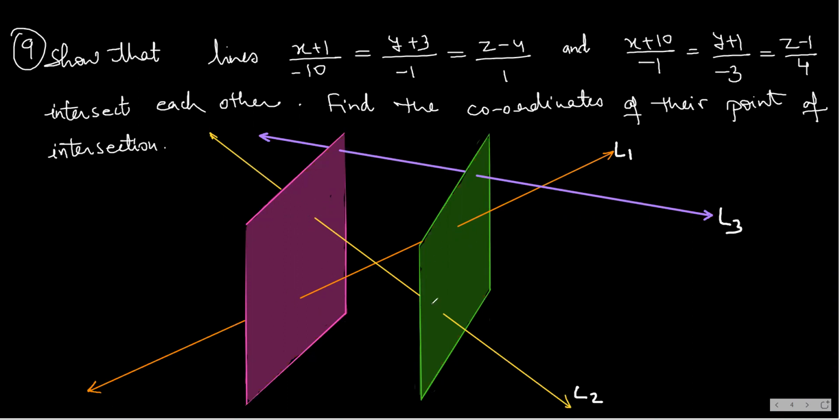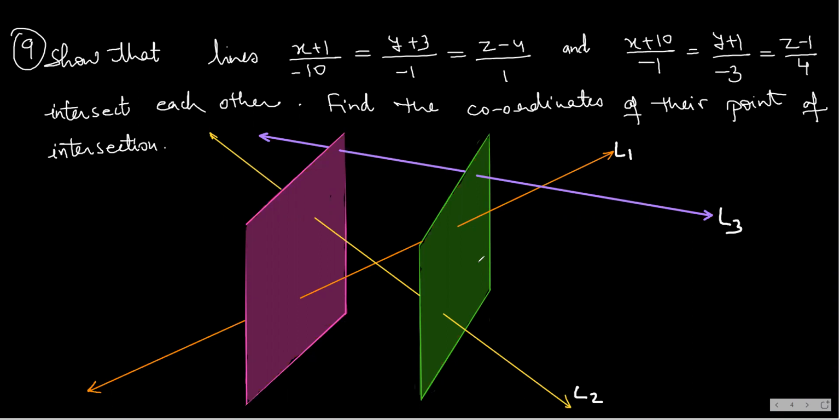It is just in order to make you feel that these are lines in space. The planes which I have drawn are not that significant. What is significant? The lines are significant. The plane is helping you to have a visual effect of 3D.